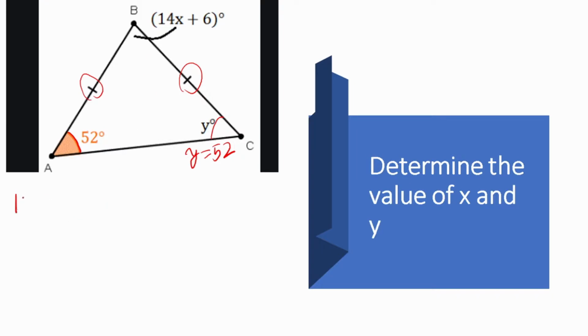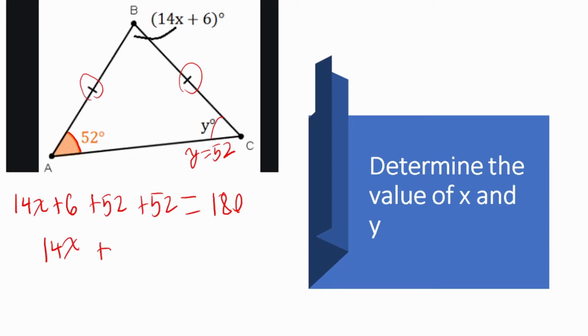So we're going to say 14x plus 6 plus 52 plus 52, and we know that has to equal 180, just like last time. Now we get 14x, and we have to add our constants together. 52 plus 52 is 104, plus 6 will give me 110, equals 180.